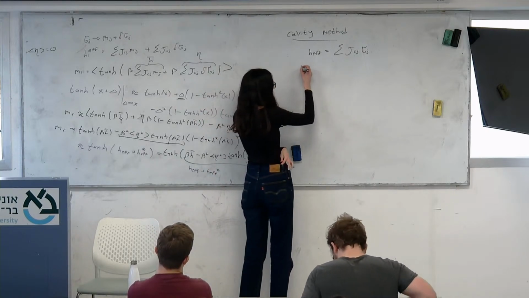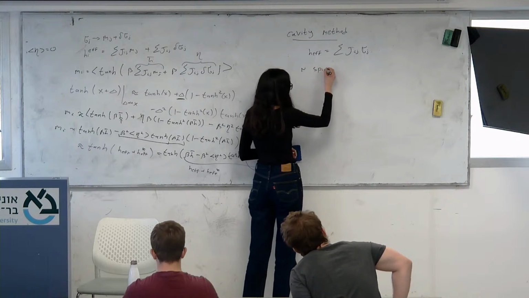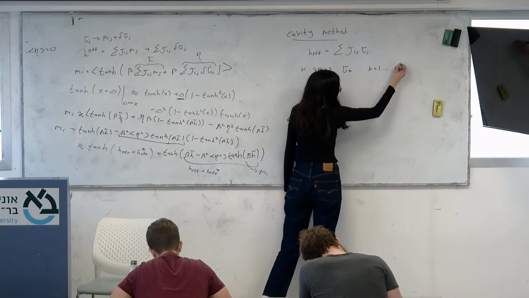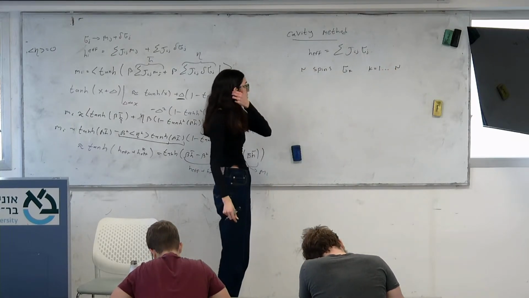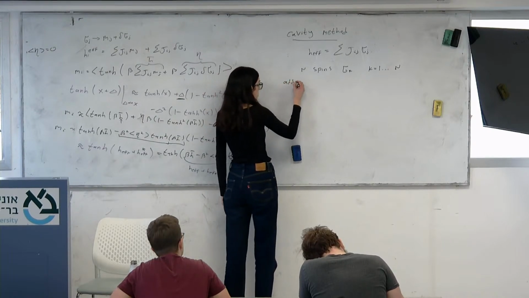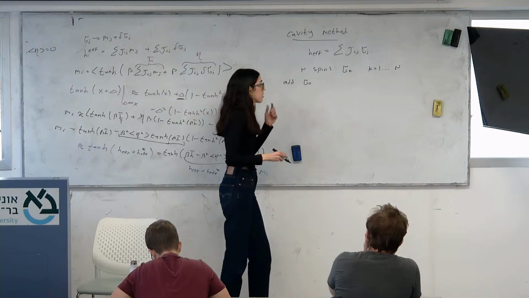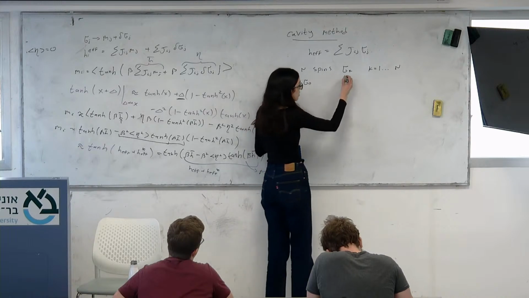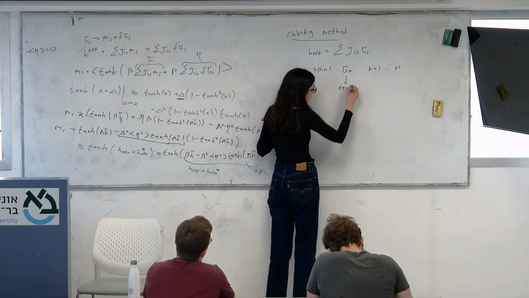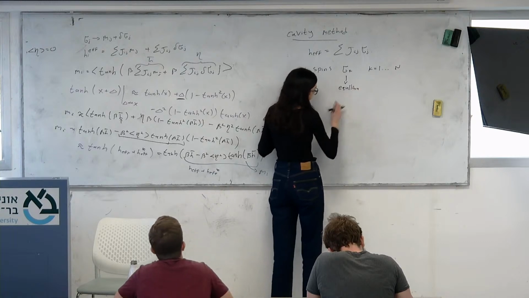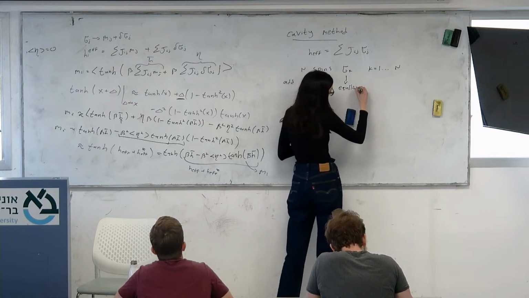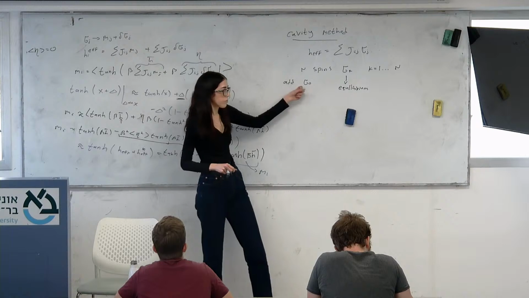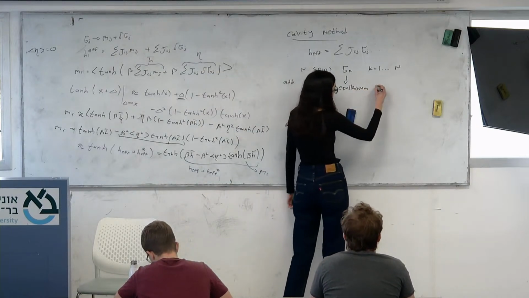So we assume that we have n spins, sigma k, where k goes from 1 to n, and we add one spin, sigma 0. After the system arrives at equilibrium, the sigma k are in equilibrium with the rest of the sigma k, but not with sigma 0.